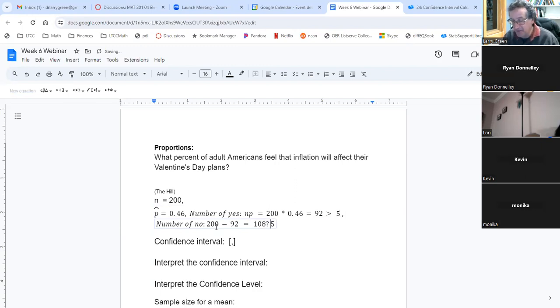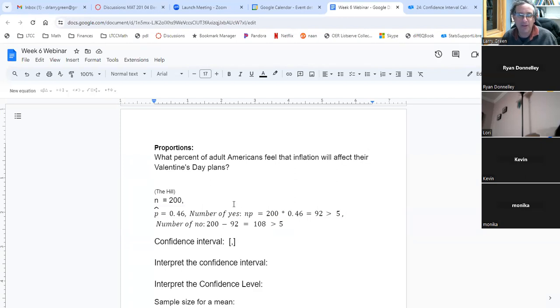And that is also greater than 5. So that means I can actually do the calculation using the normal distribution. Otherwise, you can't. We won't ever do this in this class, but if you don't have a big enough sample size, you can still do it using a binomial distribution, but I'm just not going there. Sound good? And you won't ever have to in this class for the confidence intervals.